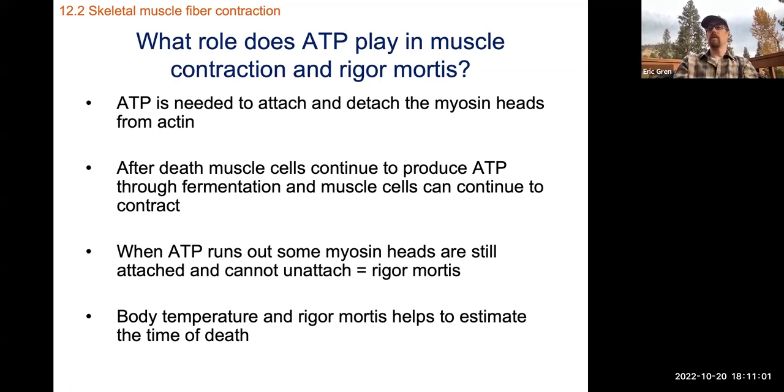That's because those myosin heads are still bound to the actin proteins, and they can't let go without ATP. At a certain point, as decomposition starts to happen, the myosin heads are going to let go of the actin, and the muscles are going to relax, okay?